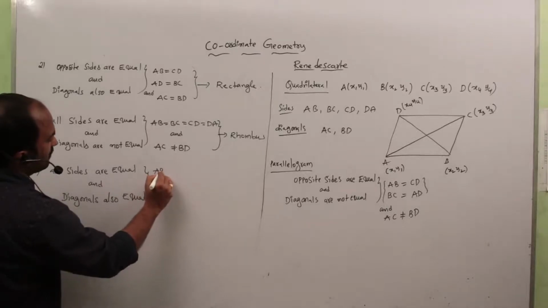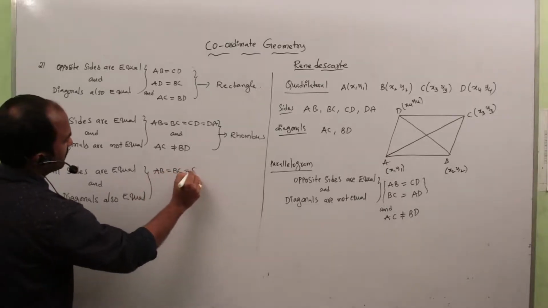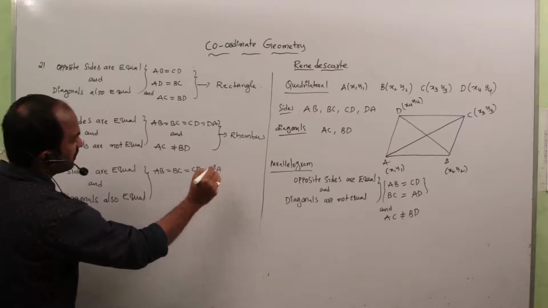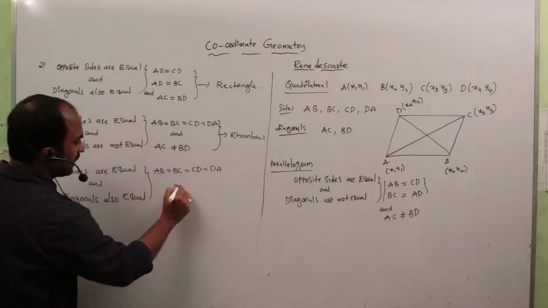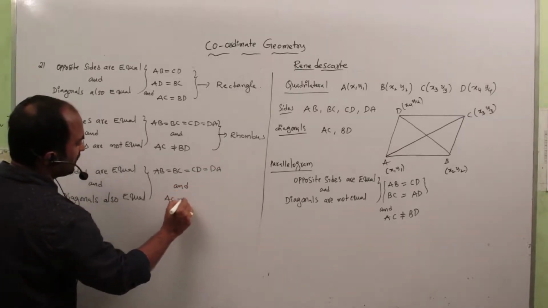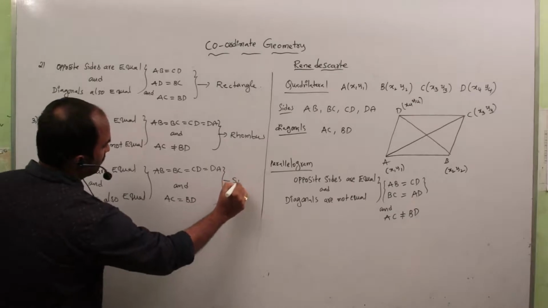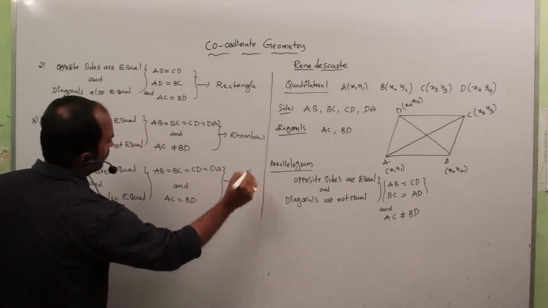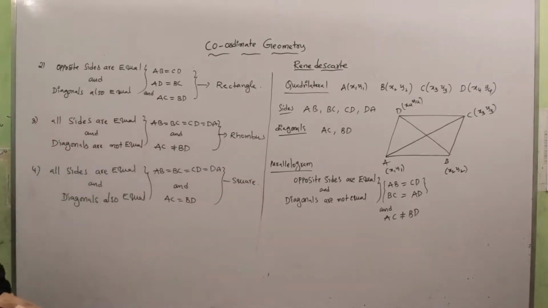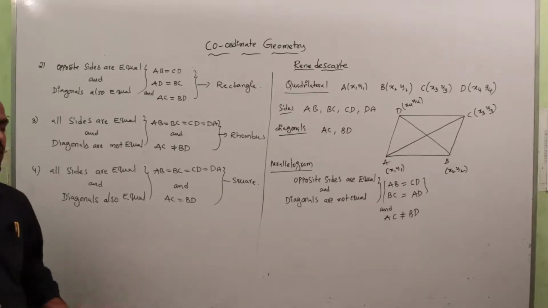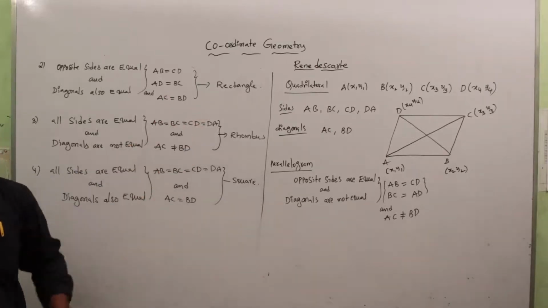That means AB is equal to BC is equal to CD is equal to DA, and one more thing, AC is equal to BD. Then we conclude that the given quadrilateral is a square. These are the conditions related with quadrilaterals.